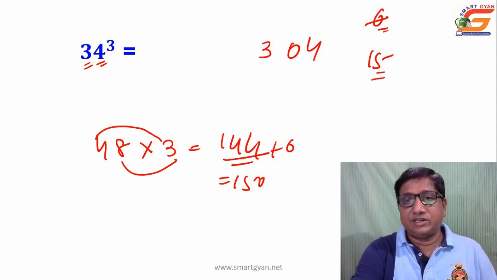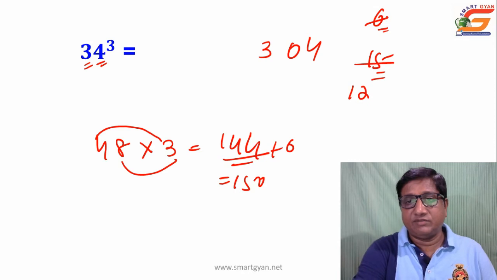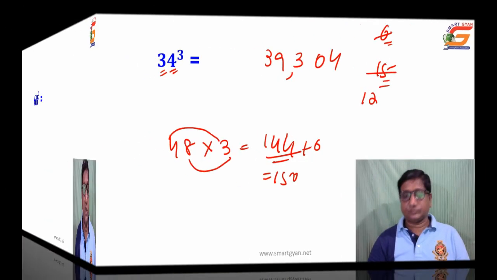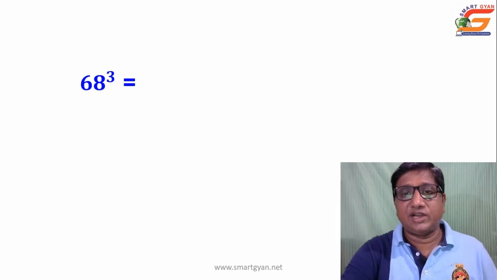We will write 3, carry 12, then 3 cube 27, 27 plus 12, that is 39. Yes, 34 cube is 39,304.